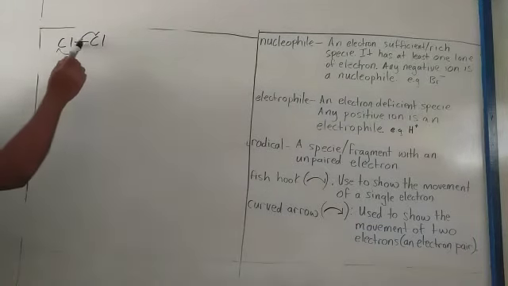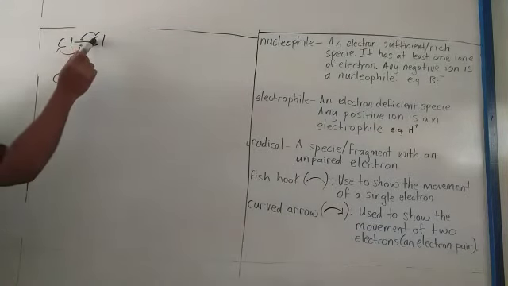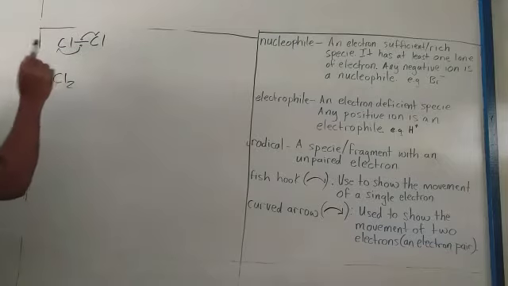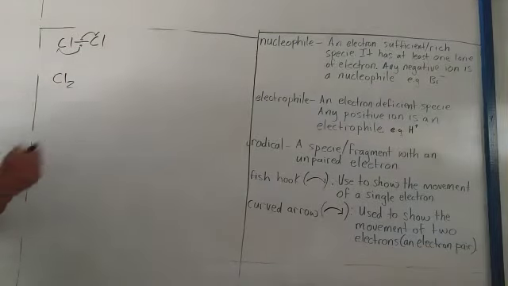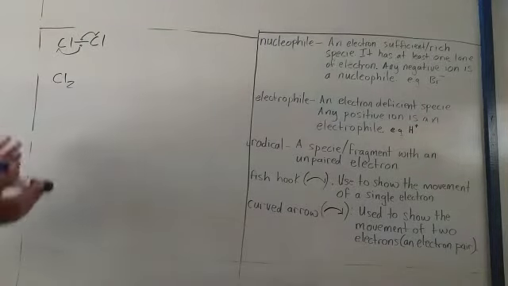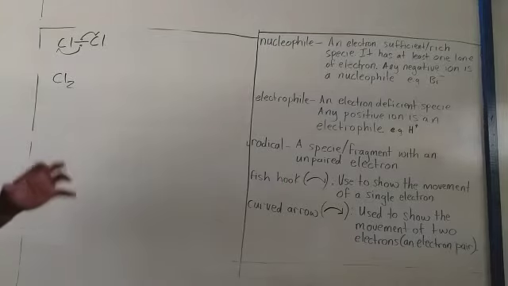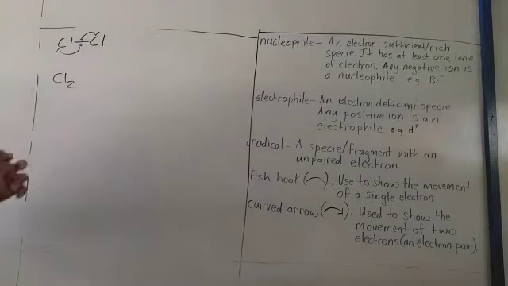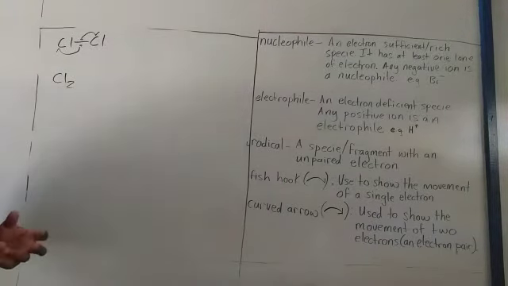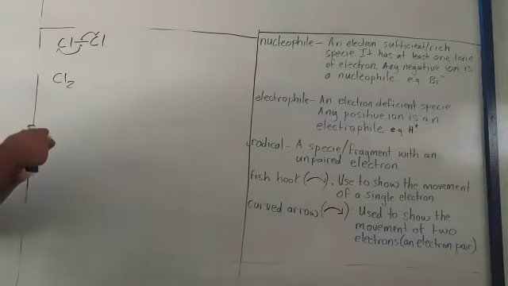So this chlorine atom gets 1 electron and this chlorine atom gets the next electron. And that is how we show that the bond has been broken. So curved arrow and fishhook is used to show bond breaking and bond formation. In this example, it is just showing bond breaking.